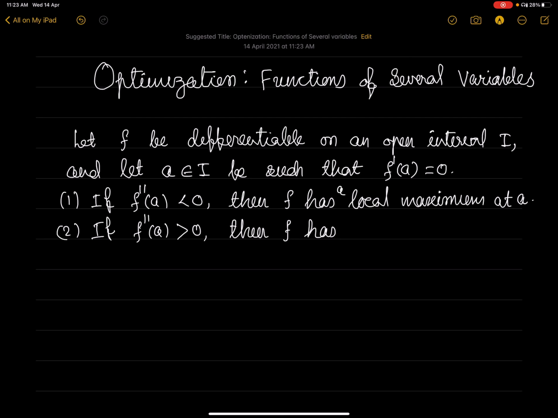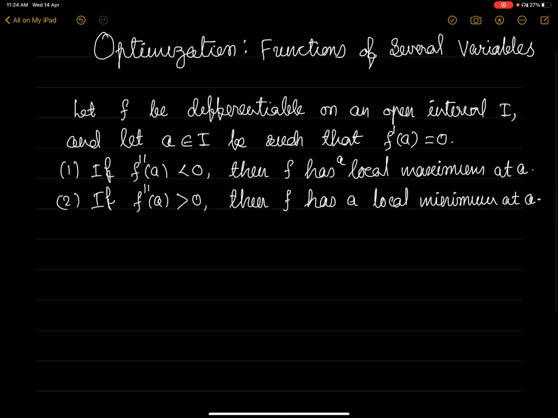You can write f has a, because at more than one point a function may have a local maximum or local minimum. As I said, we are going to derive a similar condition.